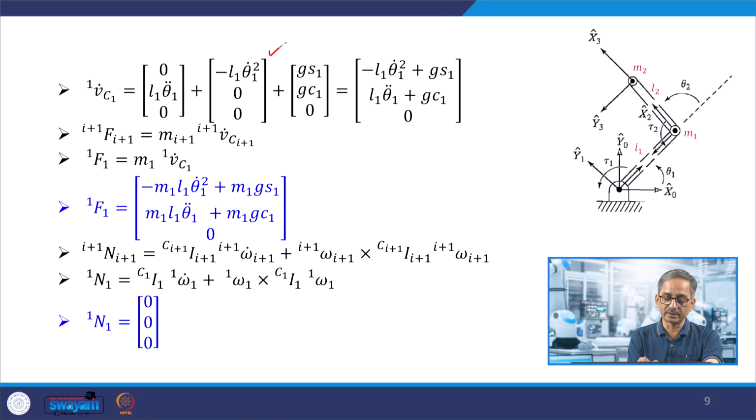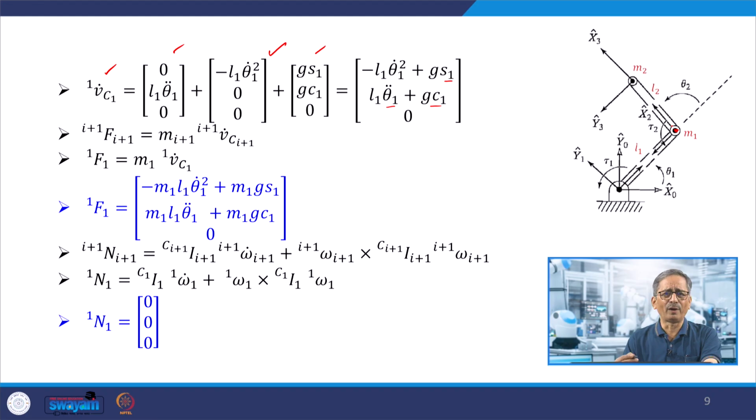So, this one is my second term, minus L1 theta 1 dot square. This is as it is, this is as it is. So, now I can do the addition: minus L1 theta 1 dot square plus GS1 L1 theta 1 double dot plus GC1. So, this is the acceleration of the center of mass of the first link, and because of my point mass assumption that center of mass is over here. So, this we have done.